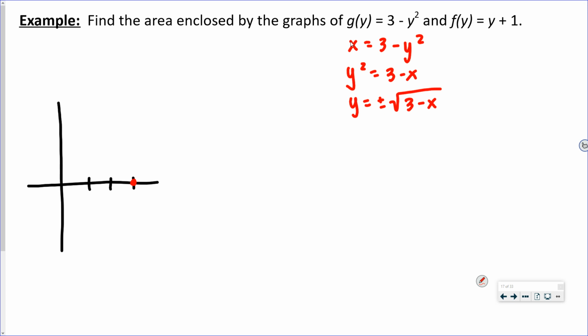And this negative on the x reflects it over the y-axis. So instead of going off in this direction, like our normal square root curves, it goes off in this direction. So here's the plus, here's the minus. That's that curve. Again, that negative would reflect it then over the x-axis.